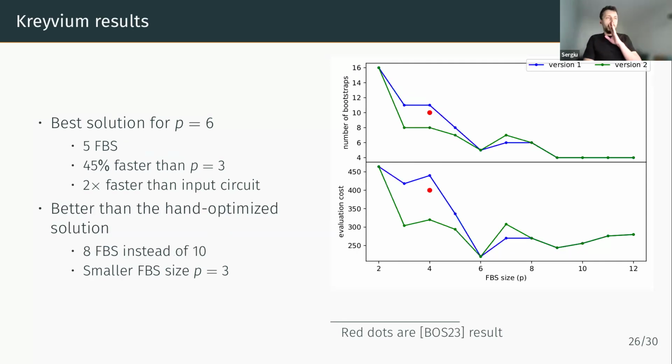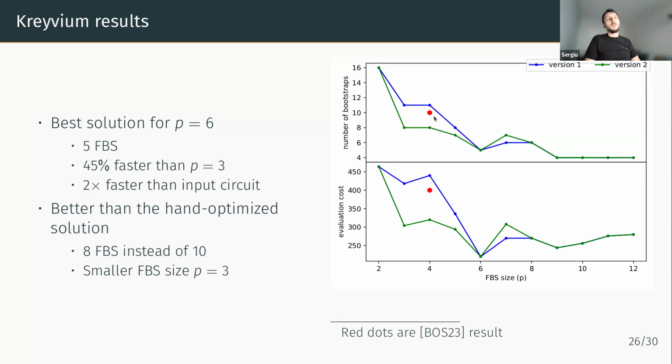In the case of the larger Trivium, the results are more interesting because, as before, for P equals 6, the best solution was obtained for functional bootstrapping size 6, which uses 5 bootstrappings. However, if we limit ourselves, to compare to the literature, to functional bootstrapping size up to or equal to 4, our heuristic outputs a mapped circuit with only 8 bootstraps, starting from P equals 3.